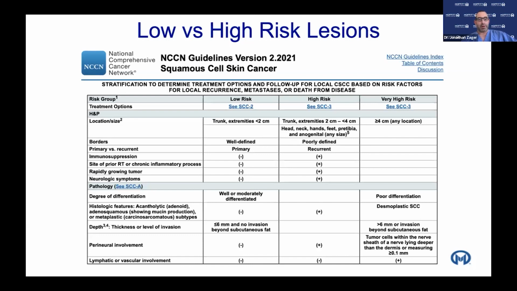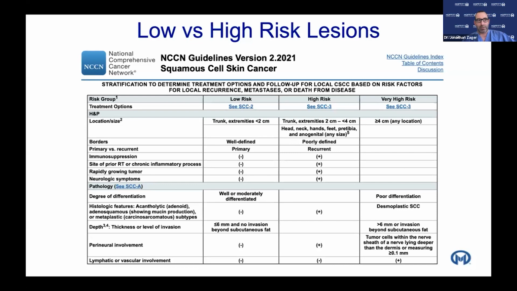So here's another chart from the NCCN, the National Comprehensive Cancer Network guidelines, which again breaks down low and high risk squamous cell carcinomas. So the low risk is what you would think. It's well defined. It's not recurrent, meaning you haven't treated it previously or had radiation to it.